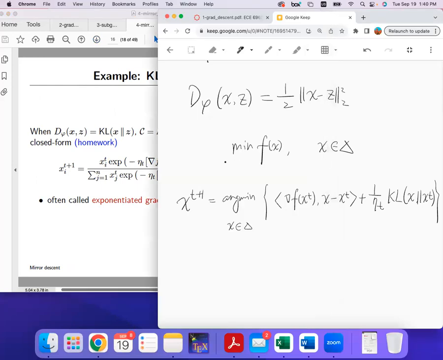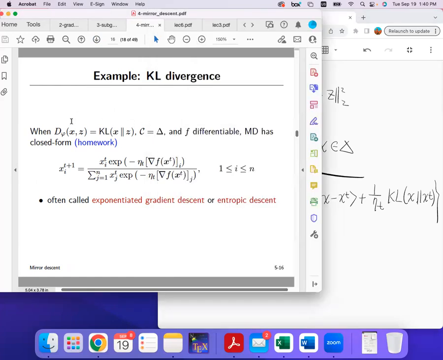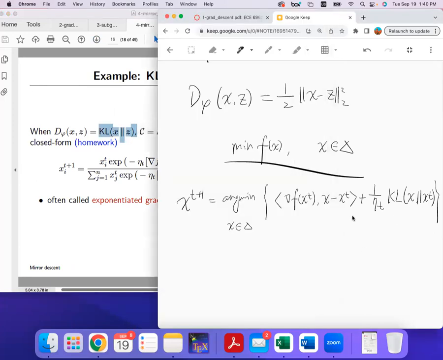If you are dealing with an optimization problem over the probability simplex, now we use the mirror descent update, but we specify the divergence, the distance metric, to be the KL divergence. Okay, so we use this KL divergence. And then you can check this algorithm update, right?